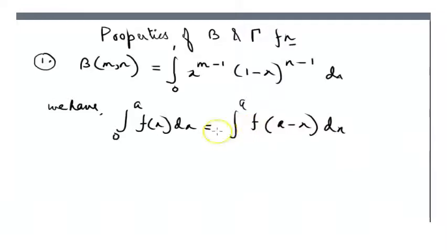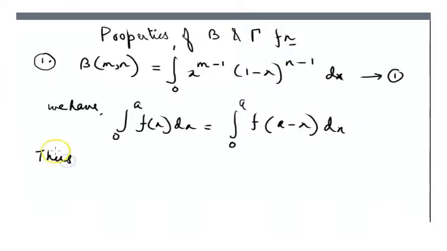Students, do you remember this? This is a property of definite integrals. So when I use this in this expression for beta, I write it like this. This is equation number 1.